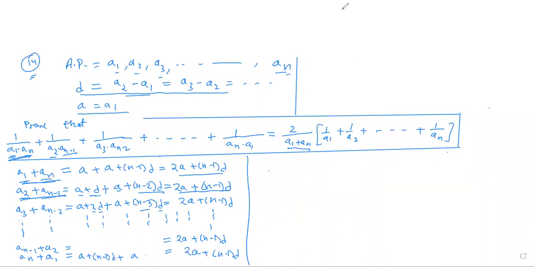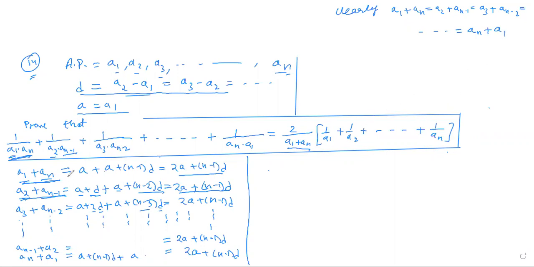From the above discussion, it is very clear that the sum of the first term and the last term equals the second term and the second last term, equals the third term and the third last term, and so on up to the last term and the first term.